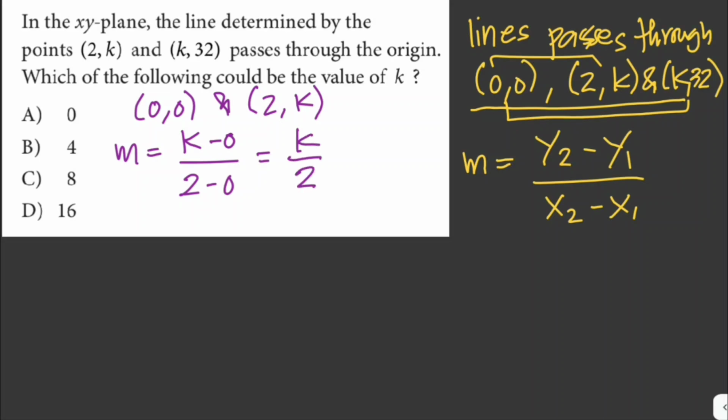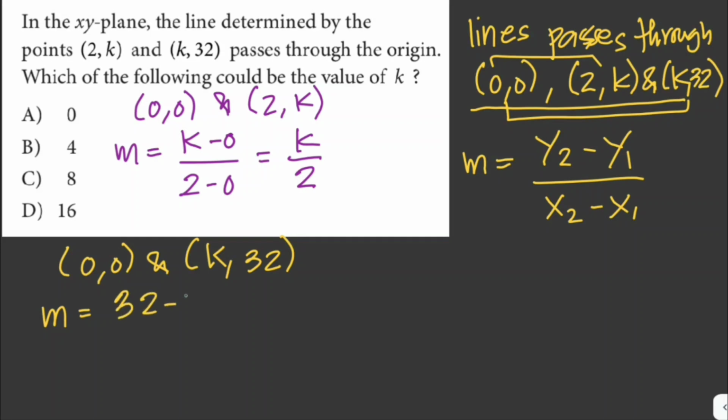And then the other one, (0, 0) and (k, 32). The slope is equal to 32 minus 0 over k minus 0, so this is 32 over k.